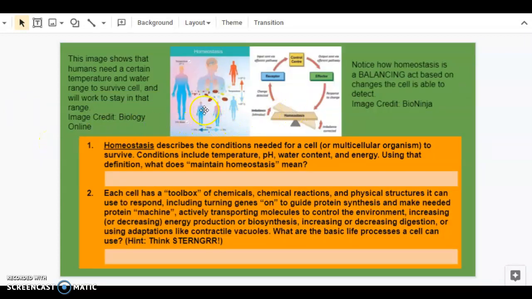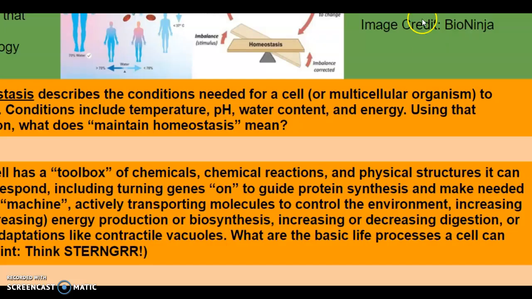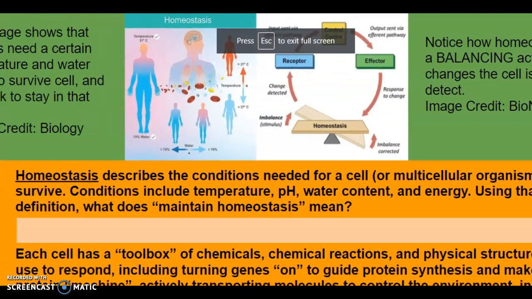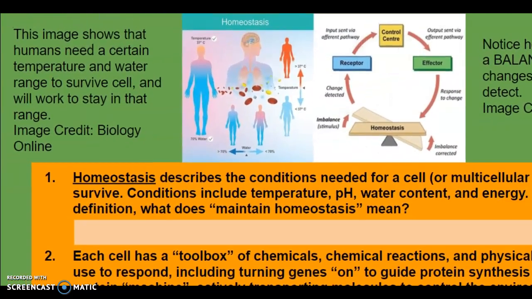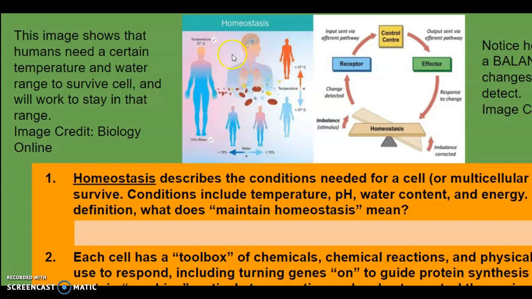We have 2 images here to help you understand homeostasis. In the first image that you see, I'm going to make these a little bit bigger. There we go. We see a human and temperature range and water percentage range.